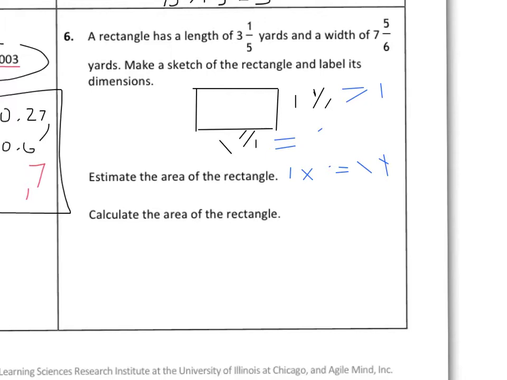So in order to do 7 5/6 times 3 1/5, it can get a little bit hairy if you don't remember to convert your fractions into improper fractions. So 7 5/6, that's 7 times 6 plus 5. 7 times 6 is 42 plus 5 is 47, so that's 47 sixths total, times, and then I will do this, 3 times 5 plus 1 gives you 16 fifths.